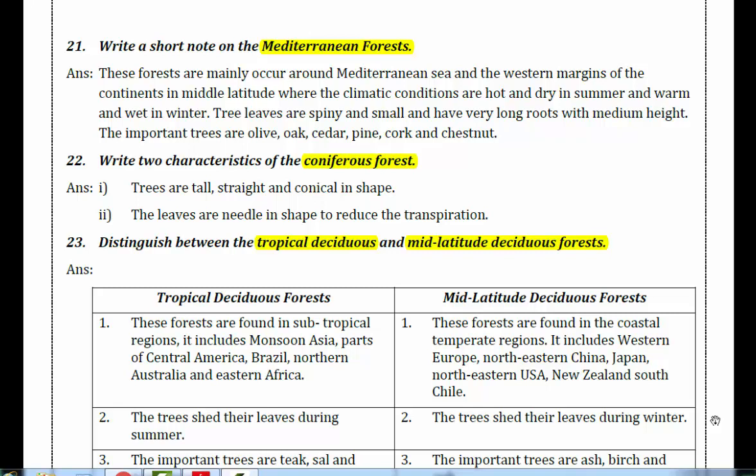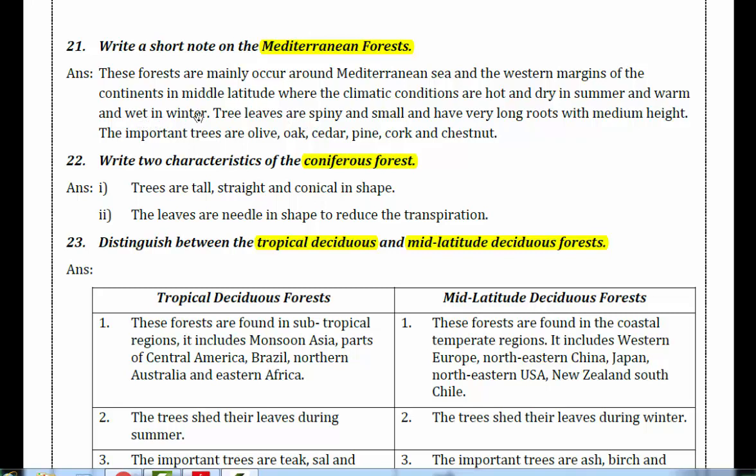Question number 21 is write a short note on the Mediterranean forest. These forests mainly occur around the Mediterranean Sea and the western margins of the continents in the middle latitude, where the climatic conditions are hot and dry in summer and warm and wet in winter.